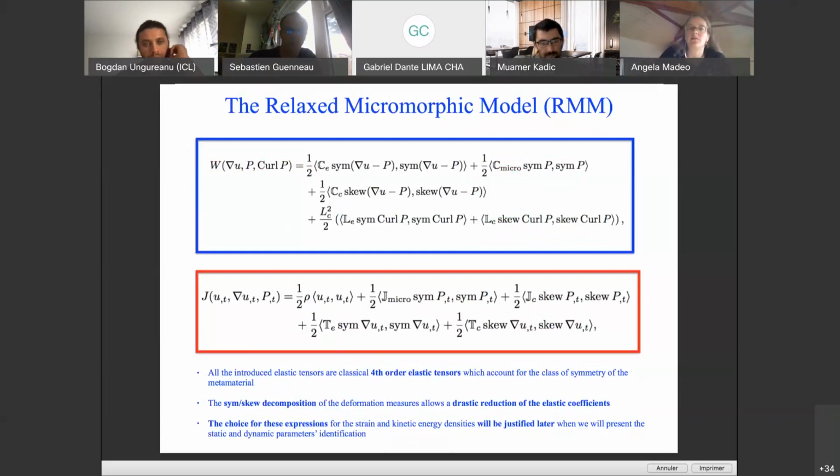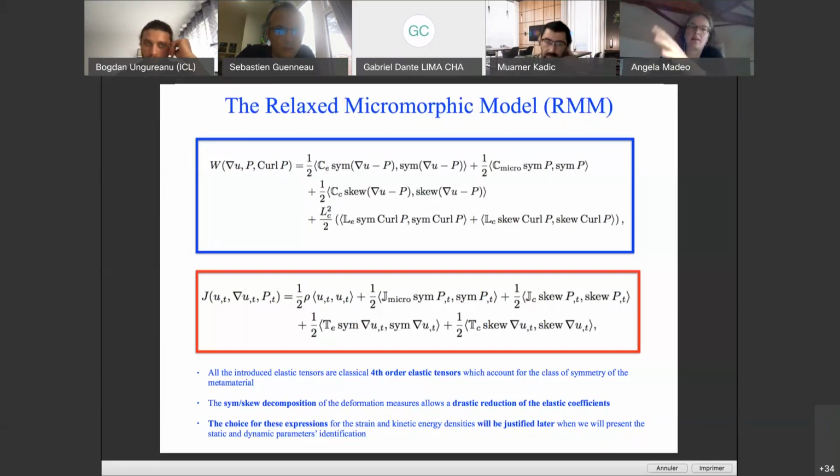For those who have already heard about Mindlin-Eringen elasticity, what is the difference? The difference is that here you can see in the explicit expression for the strain energy, the potential energy, this Sym-Curl decomposition of the deformation measures, which means we are introducing these tensors.